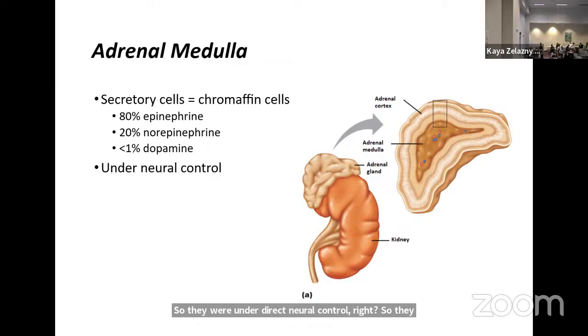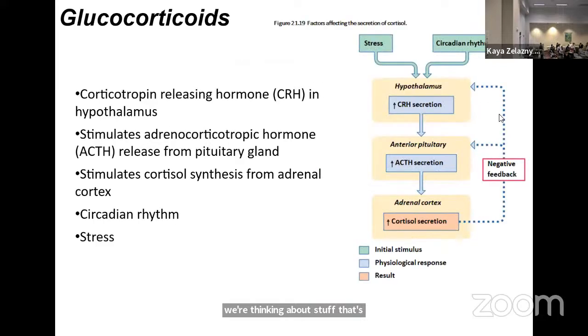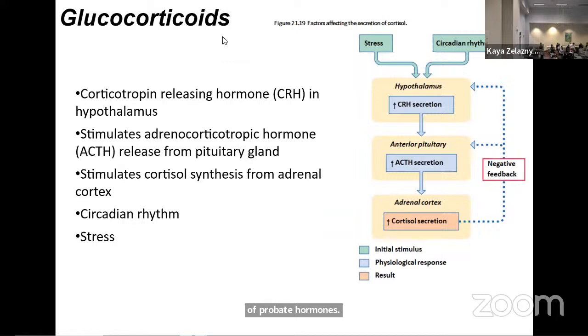Versus when we look at the adrenal cortex, we're thinking about stuff that's under hormonal control in this kind of flow of tropic hormones. Okay. So when we think about how we get to our release of cortisol, our glucocorticoid that we're dialing in on here, coming from the adrenal cortex, it's kind of a stress hormone.